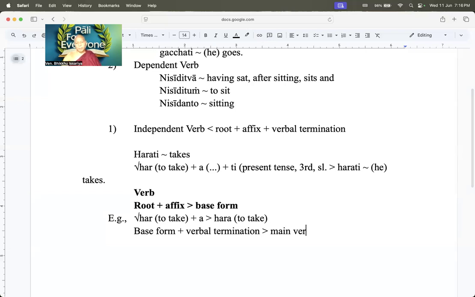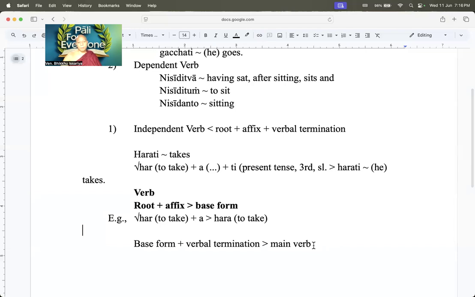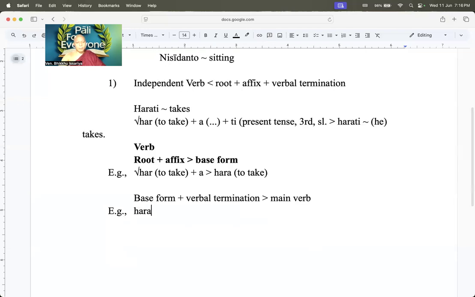So in this way it can be understood. Here the base is hara.